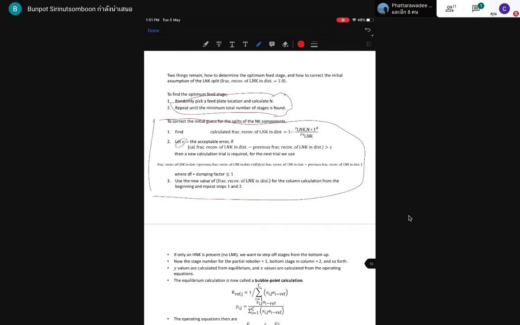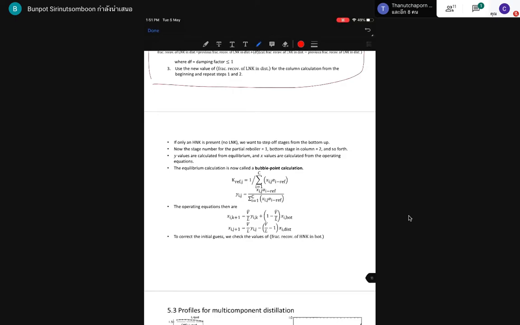And on this slide, before I said that we start the calculation from the top to the bottom. That procedure is appropriate when you only have light non-key in the system and you don't have heavy non-key. In contrast, if your system has heavy non-key but not light non-key, then you can start the calculation from the bottom up to the top instead.